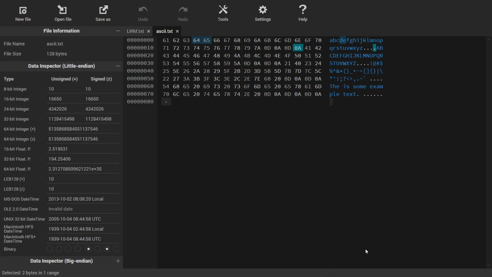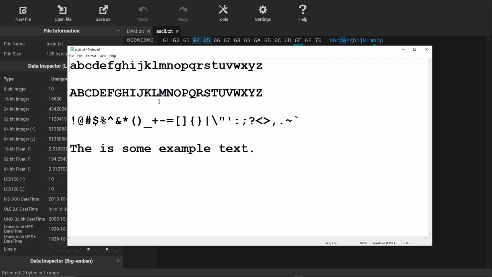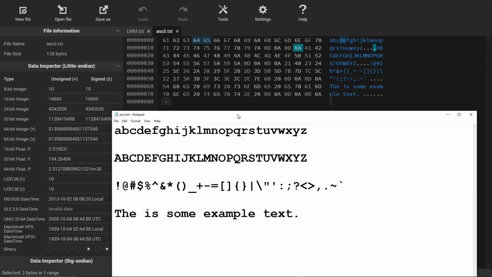Okay, and I can actually show that to you. If we go and open the folder and look at the file, I'll open this with the Notepad editor. You'll see, we're at the end of this line, we go to a new line, and then we go to a new line again. So that's where that 0D0A is coming in, right?